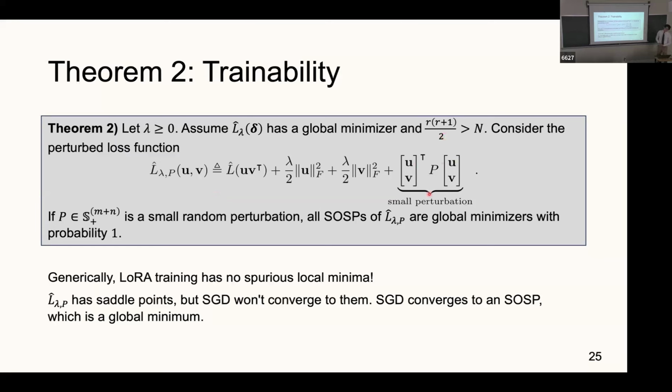The technicality of the proof is that if we do not apply the small perturbation, I don't know how to prove this result. But adding the perturbation is a way for us to say that this desirable property happens generically. This perturbation can be arbitrarily small, as long as its density is smooth, absolutely continuous with respect to the Lebesgue measure.